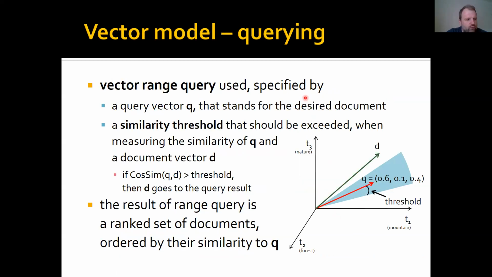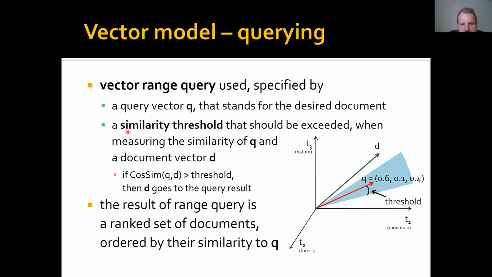Okay, and now we need to formulate or create the queries on top of the similarity function, the cosine measure, and we can formulate a so-called range query, where we have the query vector that was created from a document or from keywords that we provided.